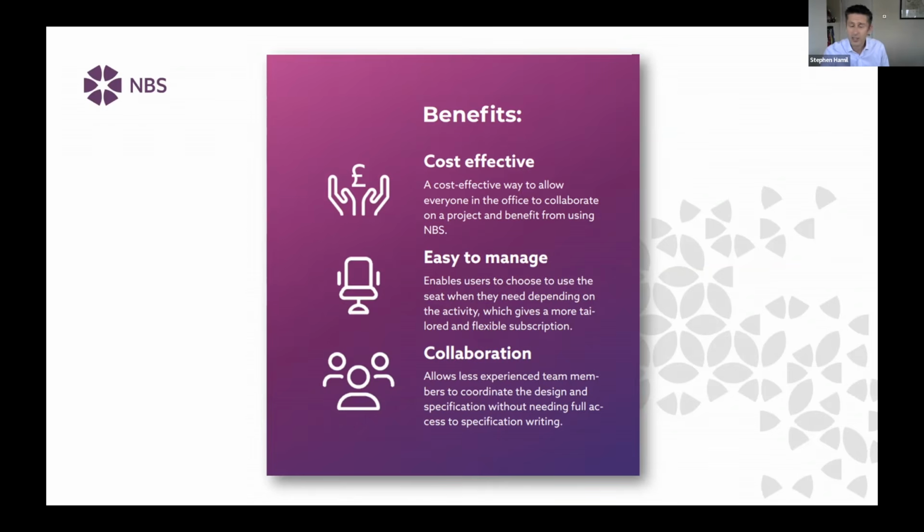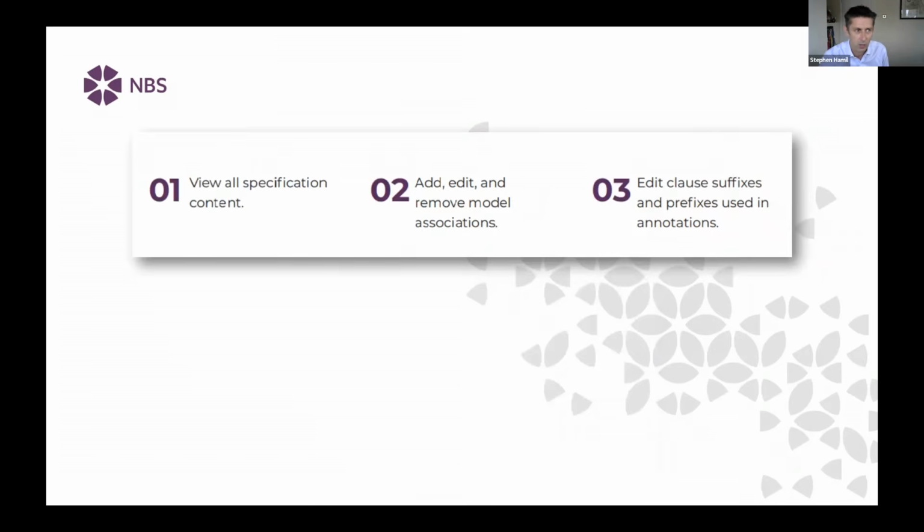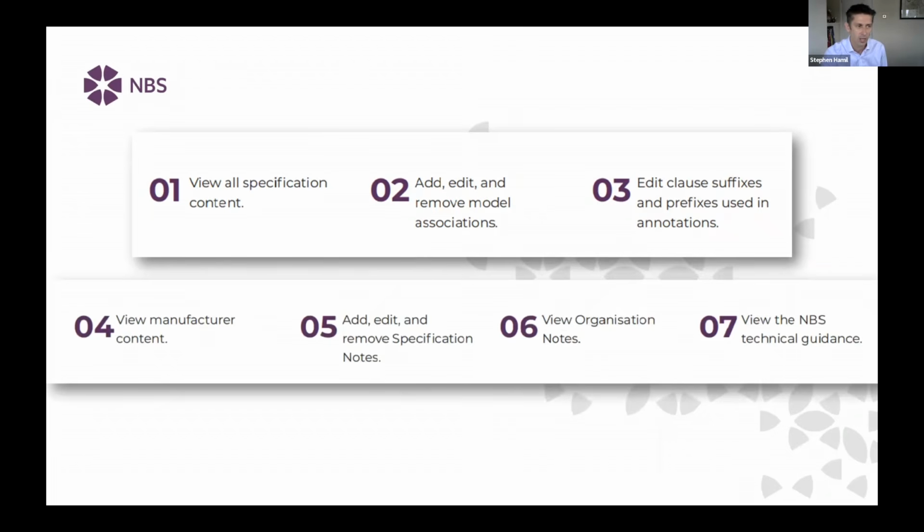The functionality for the designer seats is largely the same, but without the specification writing part. So you can view all of the content, and you can add, edit, and remove the model associations. The suffixes, like you saw earlier, things like SFS 101, you can change them, but not the content of the specification. You can view all of the manufacturer content, all the manufacturer guidance and manuals, and certificates that go with that.